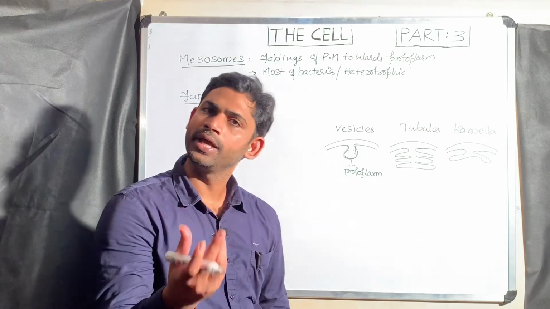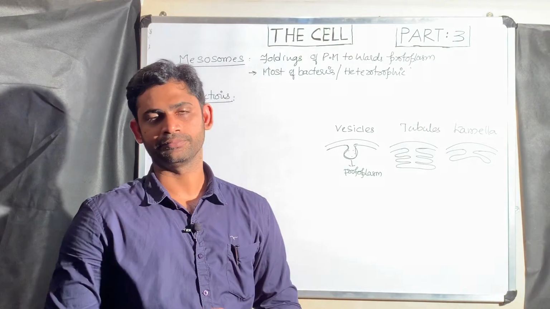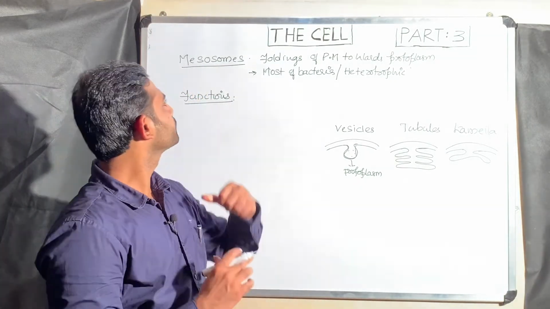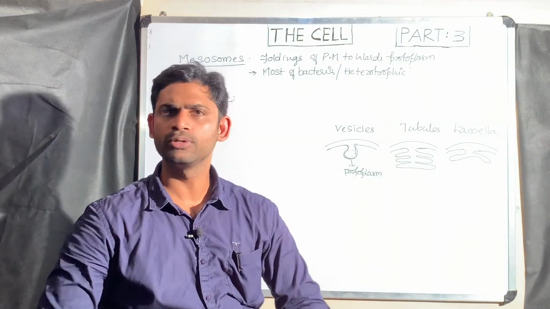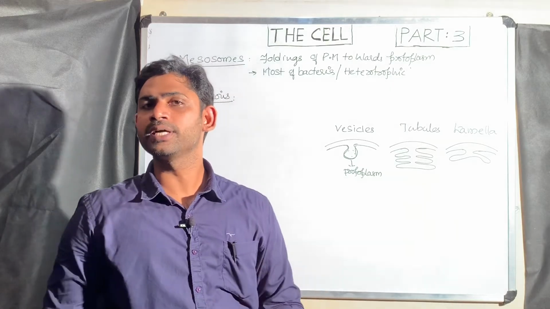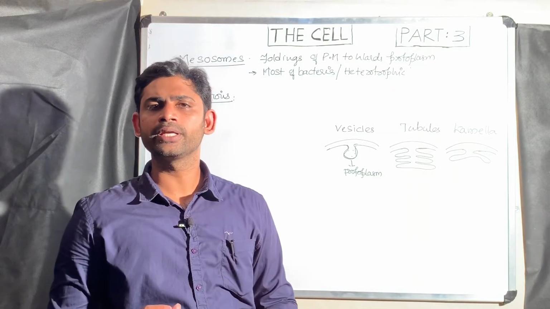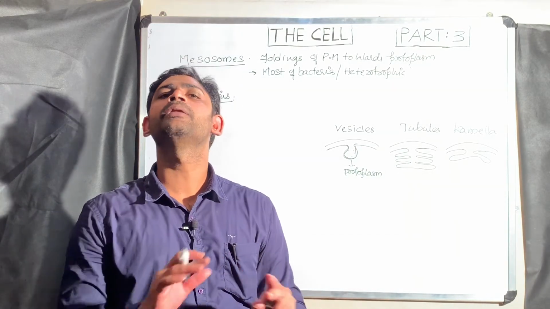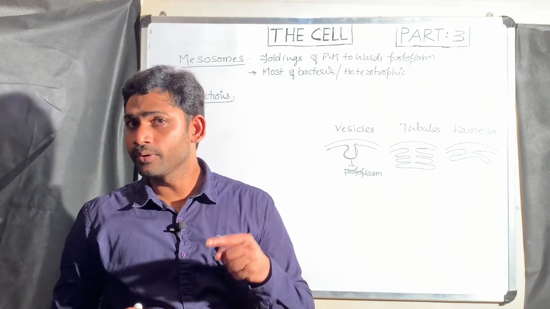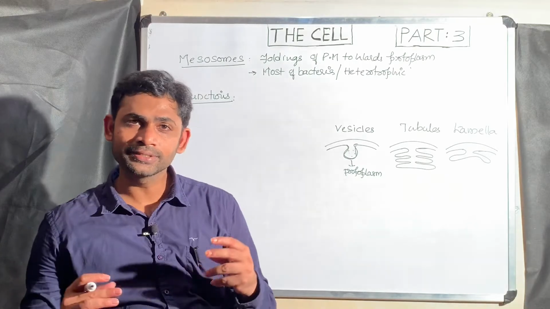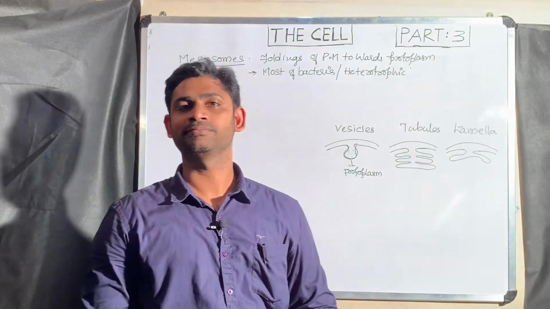Mitochondria generates energy by aerobic respiration. Now come to the prokaryotic cell. Does the prokaryotic cell contain mitochondria? Absolutely no, because prokaryotic cells do not have membrane-bound organelles. Now I am asking you, without mitochondria, how does the prokaryotic cell generate energy?